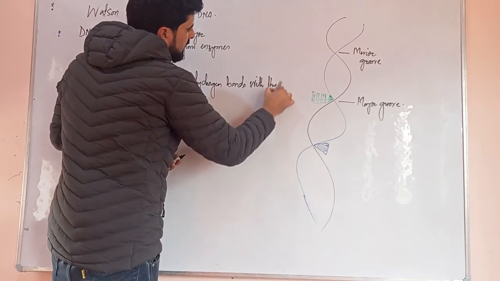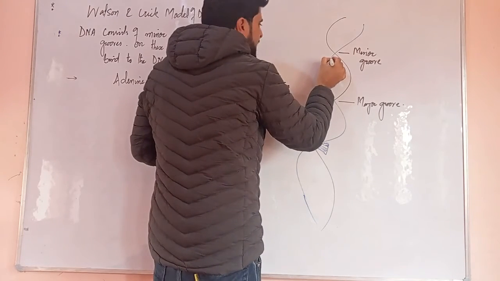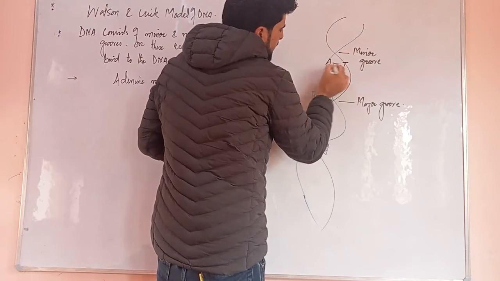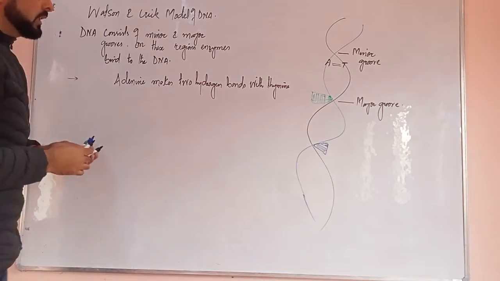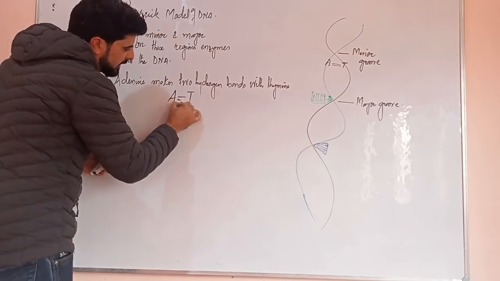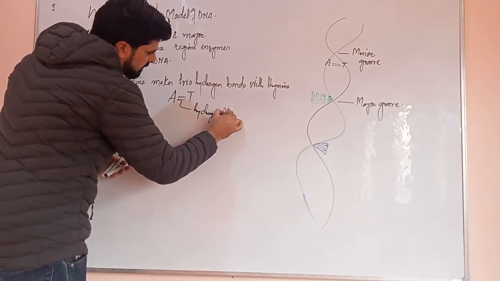So in a double-stranded structure, if we have adenine on one strand and thymine on the other strand, they make two hydrogen bonds here. So we can say adenine makes two hydrogen bonds with thymine.